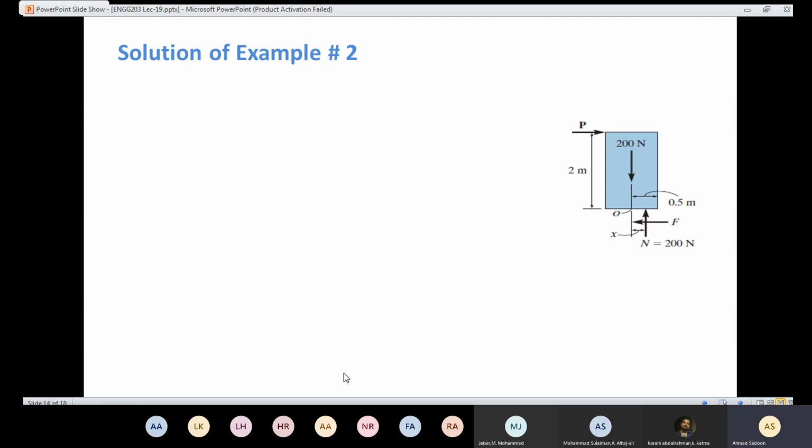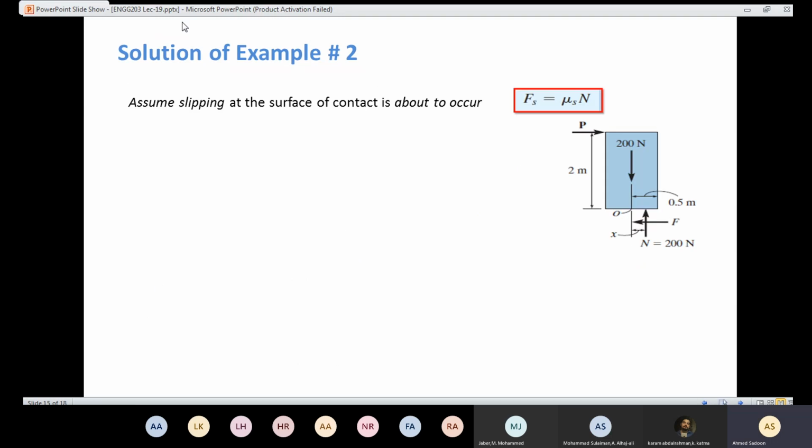I'm going to assume that the slipping is about to occur. So I'm going to assume that the box is about to slide.